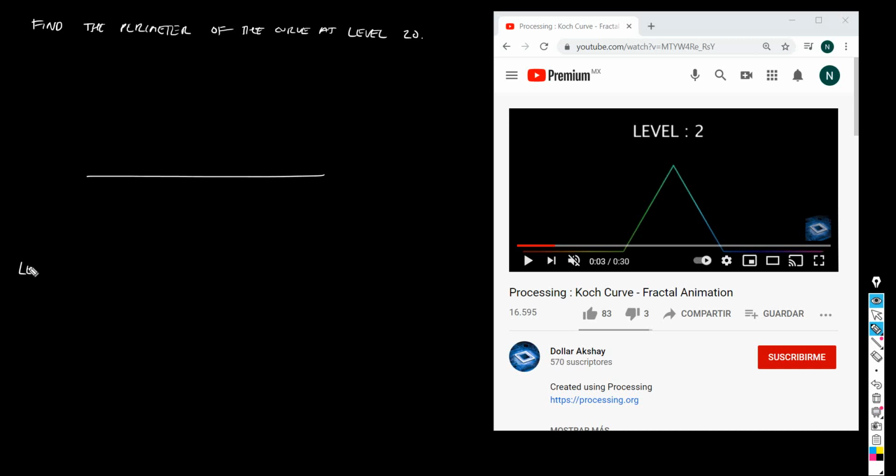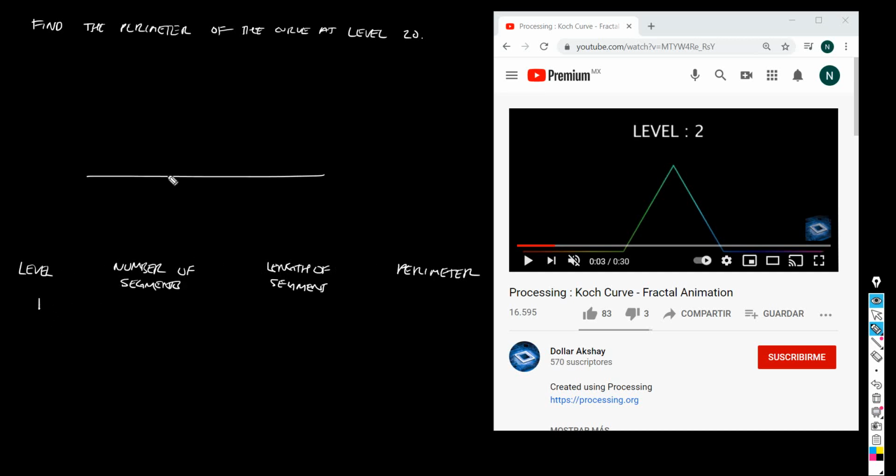I'm gonna write level 1, and here I'm gonna write number of segments, and then in here I'm gonna write length of segment, and in here I'm gonna write perimeter. You're gonna understand what I mean in a moment. So we have these 4 quantities.